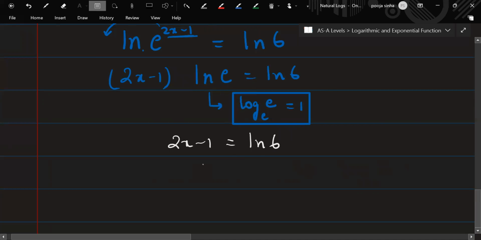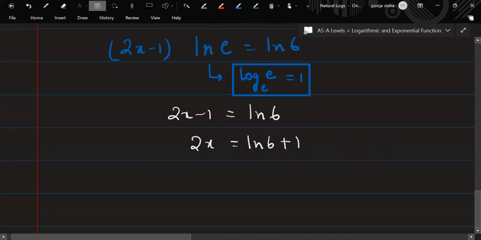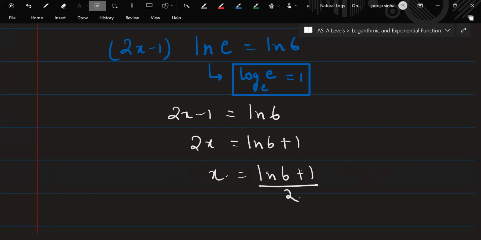अब आपको ln 6 की वैल्यू निकालनी है. Is the final answer 1.40? The final answer is x is equal to (ln 6 plus 1) upon 2. Let me check. You got it now? Understood the way? It's the same thing, no change, just that now it's not base 10.